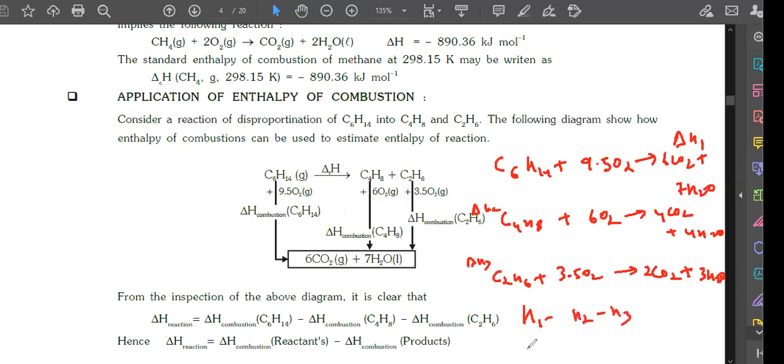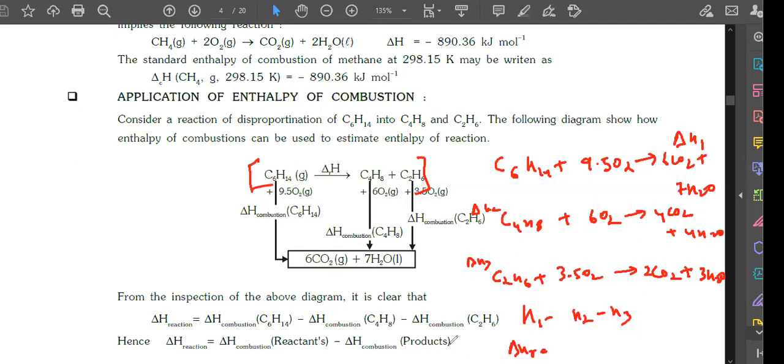I'm just using Hess law. The delta H of the reaction would be this. So here we are using Hess law. That's why it is heat of combustion of reactant minus heat of combustion of product.